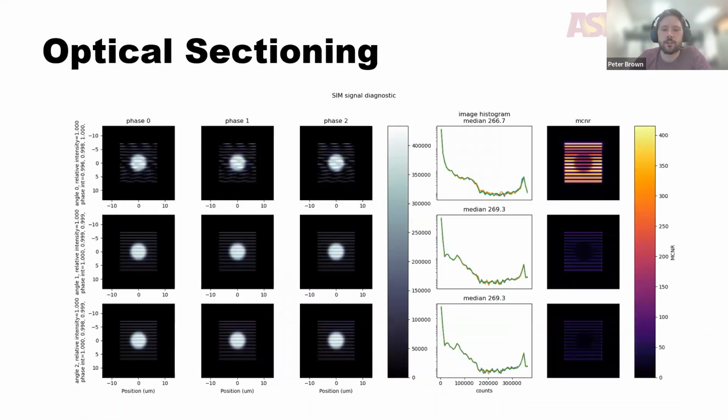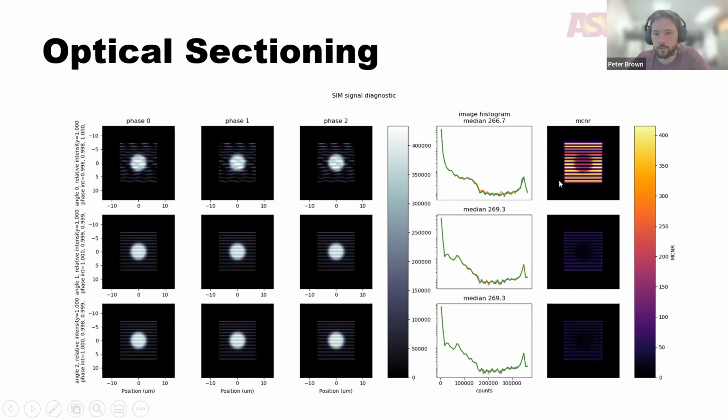Although this technique is very effective, there is no free lunch here, in the sense that this out of focus light can still affect the quality of your SIM reconstruction because it decreases the MCNR. And particularly if you have a small amount of in-focus signal compared with the out-of-focus signal, this will pose serious problems to getting a quality reconstruction.